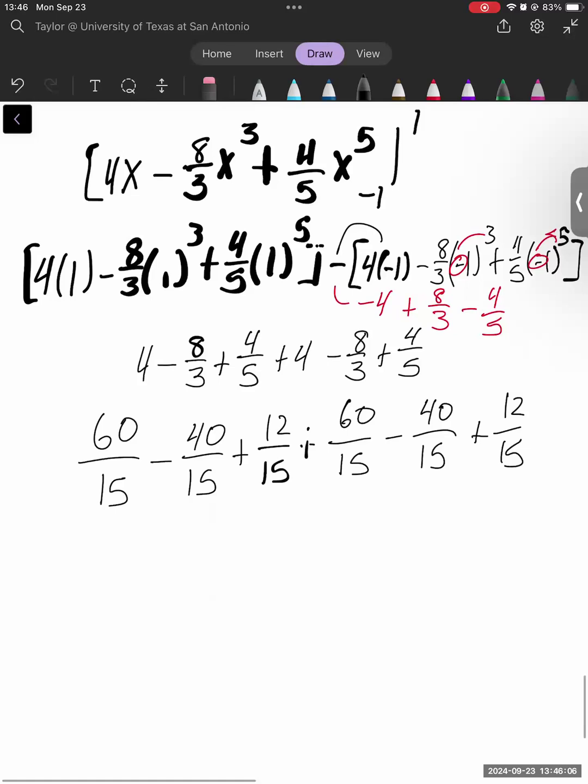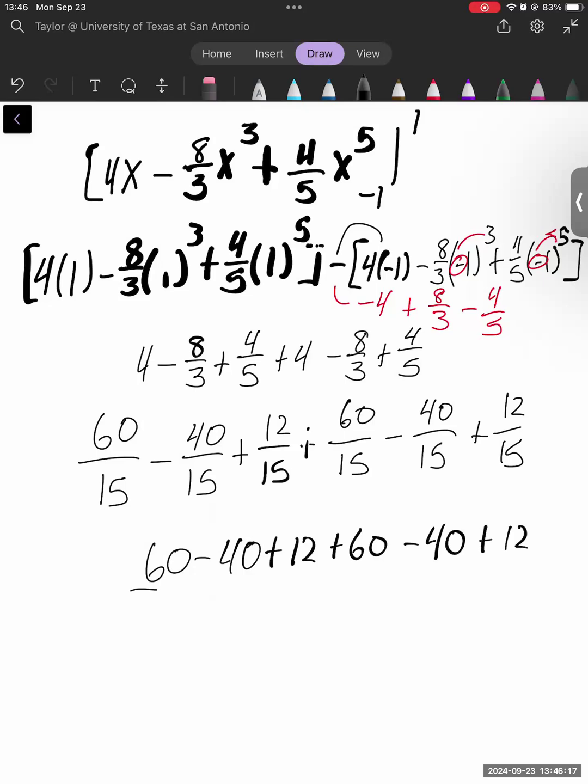Rewriting this, we get 60 minus 40 plus 12 plus 60 minus 40 plus 12 all over 15.